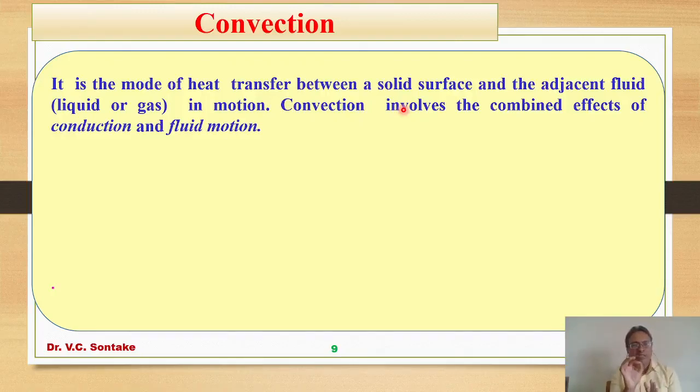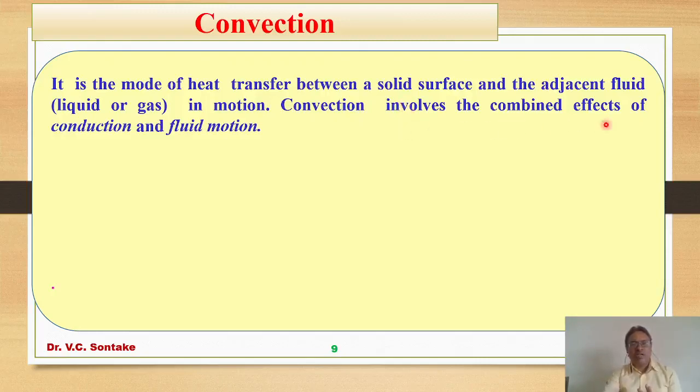That fluid is in motion. So I can say convection is the mode of heat transfer by which heat transfer takes place between a solid surface and adjacent moving fluid. The moving fluid can be liquid or gas or powdery substance as well.